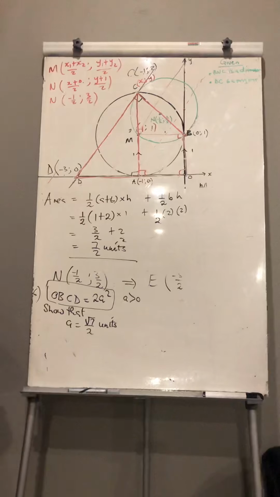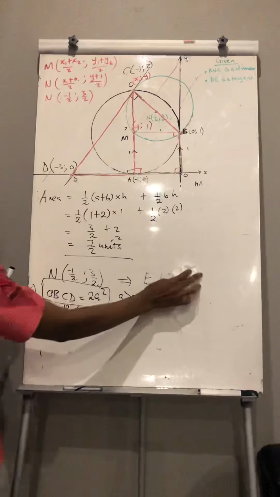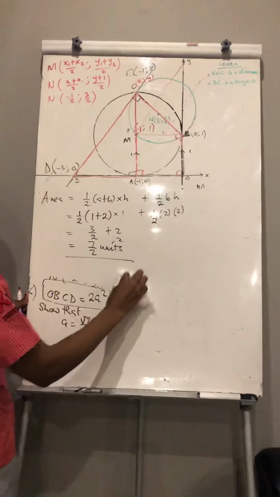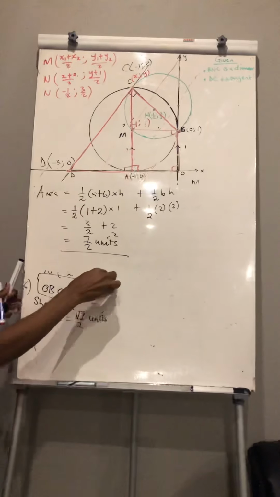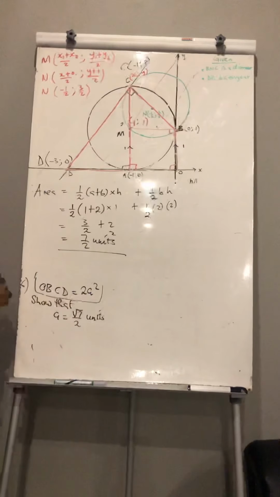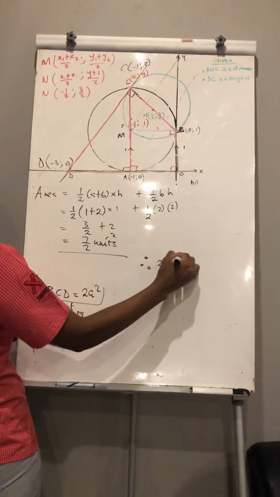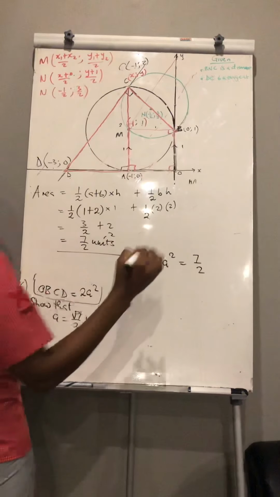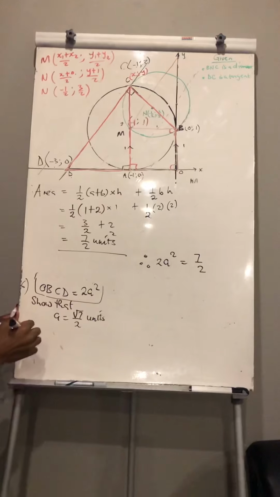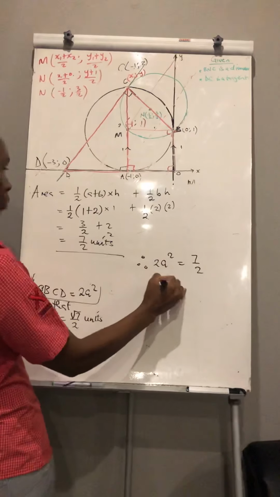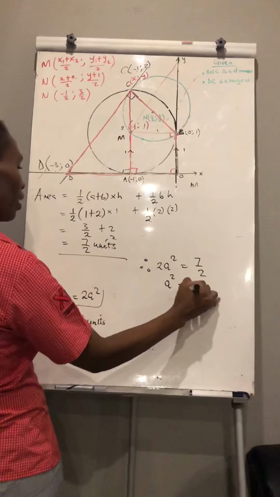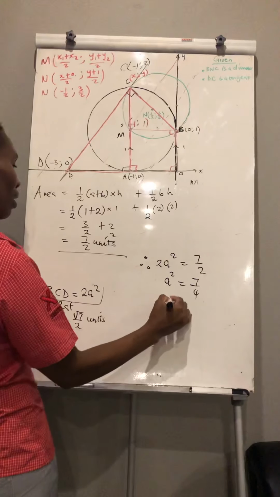From what we were told in the question, the area of this quadrilateral happens to be equal to 2a squared. So all I am required to do now is to say, well, 2a squared must be equal to 7 over 2. And if I divide by 2 both sides, I'll get a squared as 7 over 4.